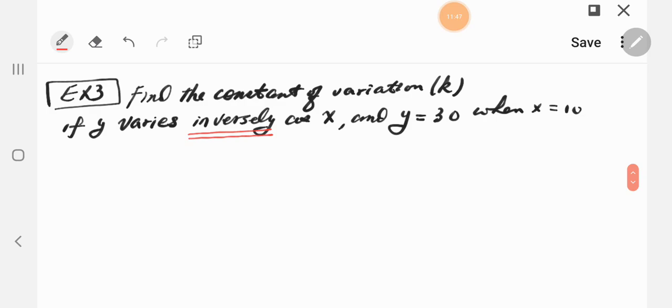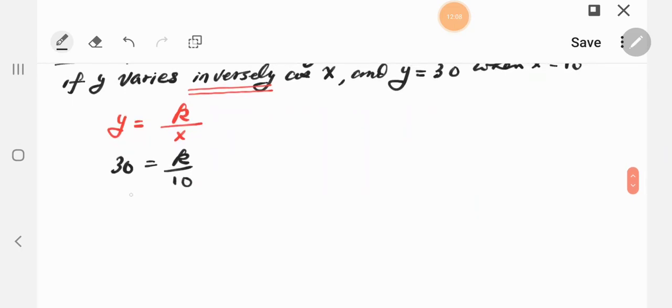Y varies inversely, so K this time is divided by X. The values of Y and X are given, so let's find K. Multiply each side by 10, then 30 times 10 is K. So K is equal to 300.